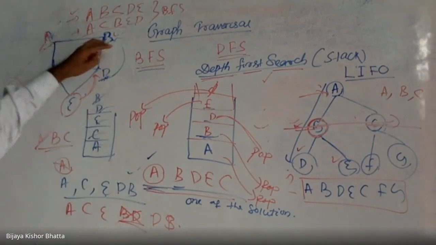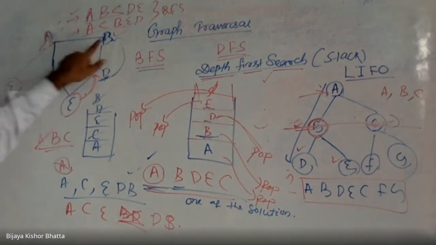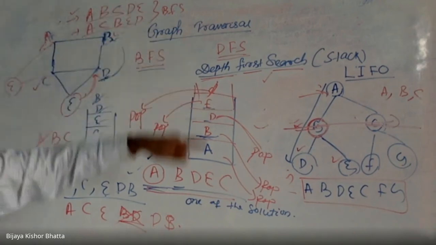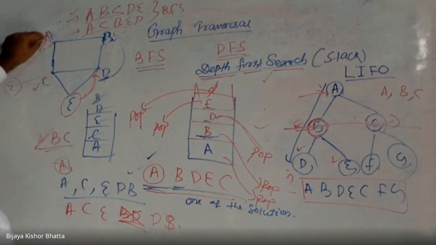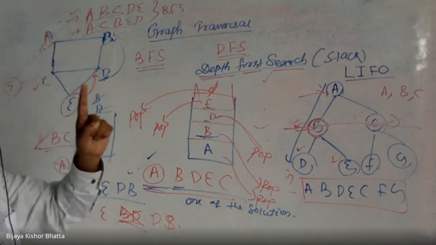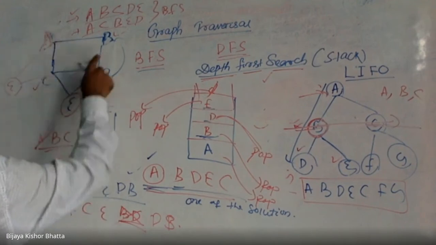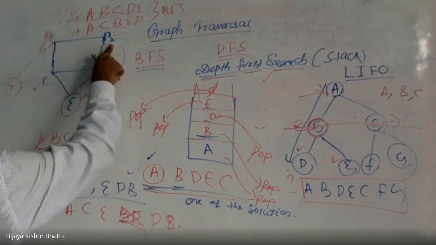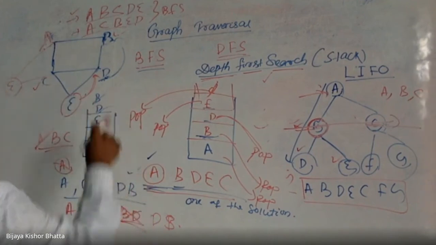But in BFS, I will cover all the adjacent vertices first. For A, B, C, D, whoever is adjacent, I'll cover it. But in DFS, I will choose only one vertex among them. From A, I have the choice. I can go to B or C or E, but not to all of them. It is your choice.